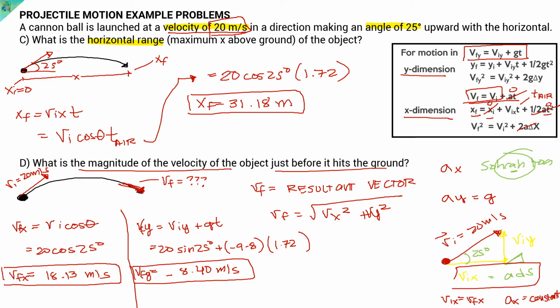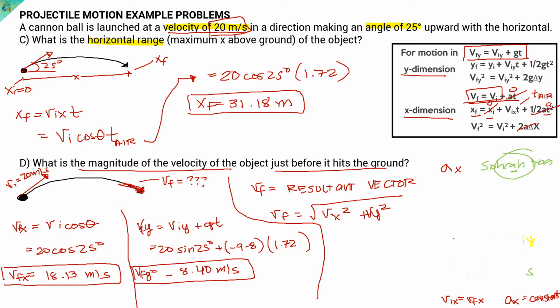We know how to search for the resultant. Let me just clean this part here. So that would be the square root of VFX, that's 18.13 squared plus VFY, which is actually negative 8.40. We can leave out the negative, so that's 8.40 squared.